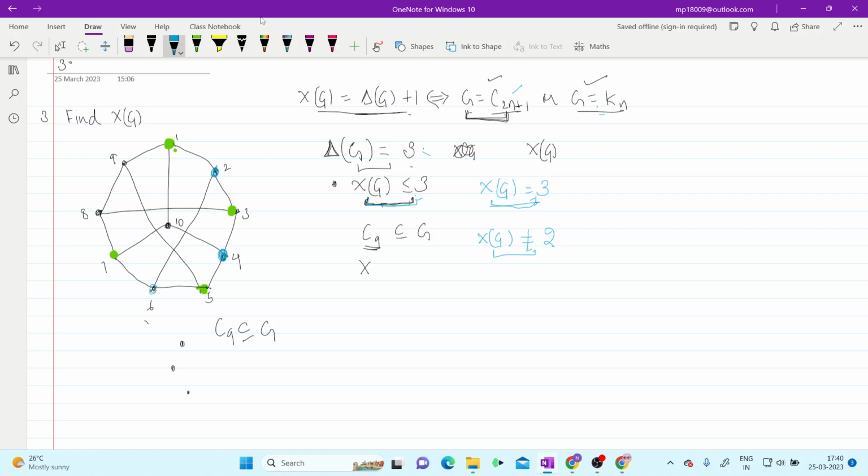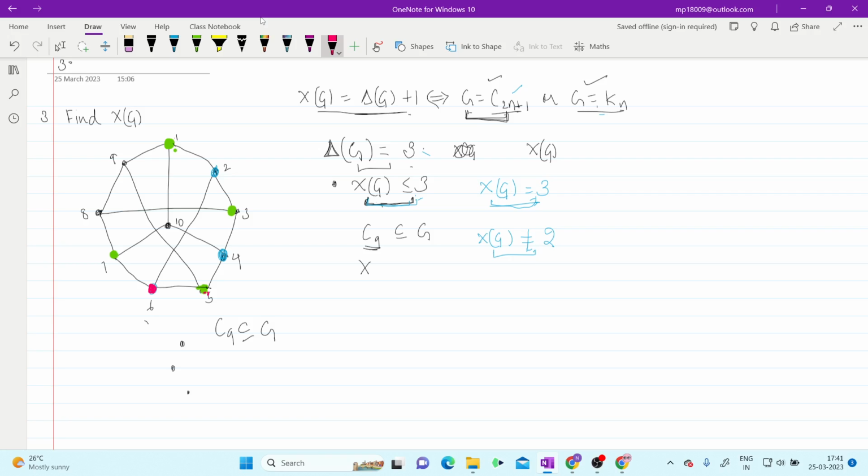I cannot give blue to this because there is an edge here, so I have to give it the third color. I cannot give blue to vertex 6 because it already has adjacent vertices with green and blue, so I have to give it the third color.